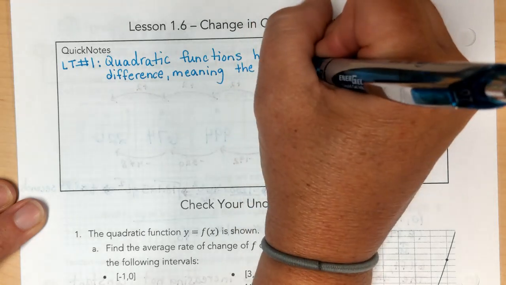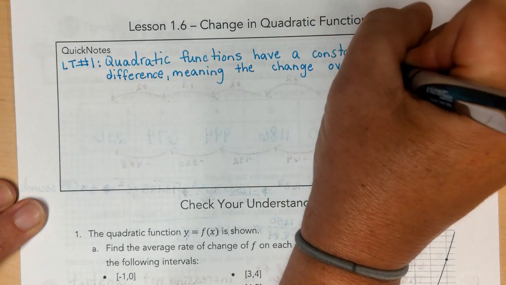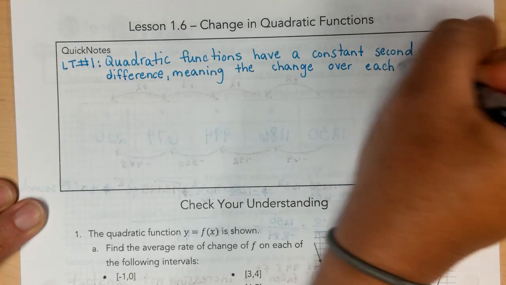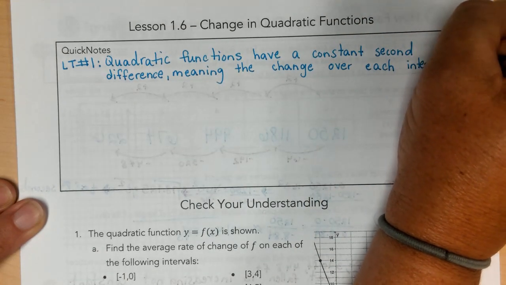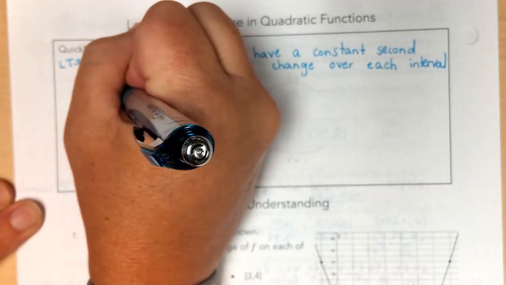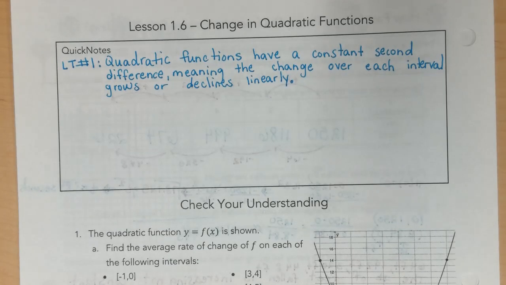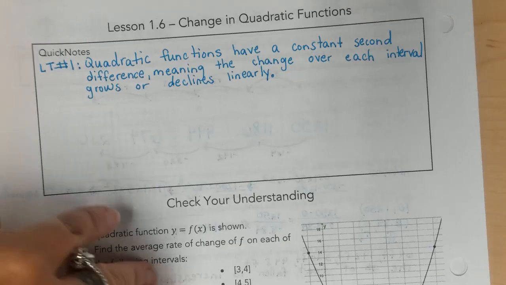Meaning the change over each interval grows or declines linearly. That's not my favorite word. So when it talks about a constant difference, I'm going to flip this over. I'll come back to it, okay?